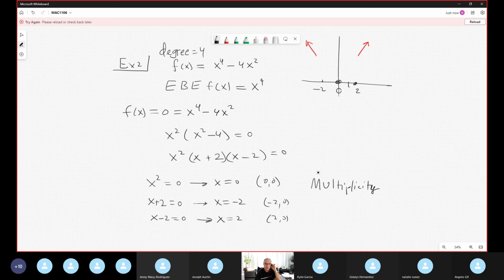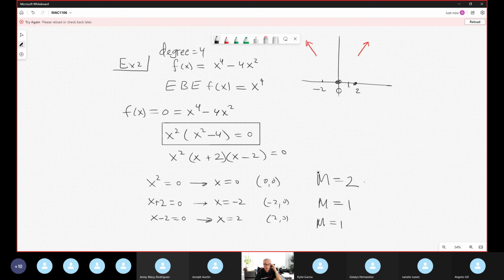When you try to solve the polynomial equation, obviously we have 4 solutions, exactly the degree. We studied this in chapter 1. But what are the 4 solutions? Because I see only 3: 0, negative 2, and 2. The problem is the multiplicity of 0 is 2. So multiplicity 2, multiplicity 1, and multiplicity 1.